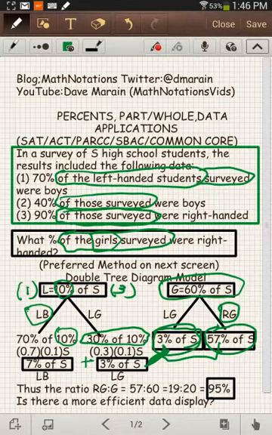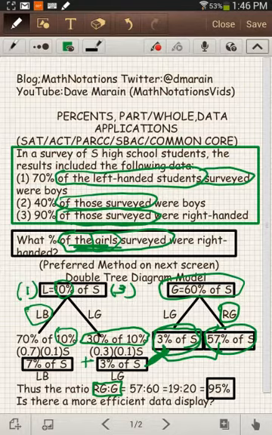That means we're being asked to form the ratio right-handed girls to girls. The right-handed girls are what fractional part of all girls surveyed. The right-handed girls are what percent of all those surveyed. All these many ways of expressing the same idea. Of the girls surveyed, what percent were right-handed?